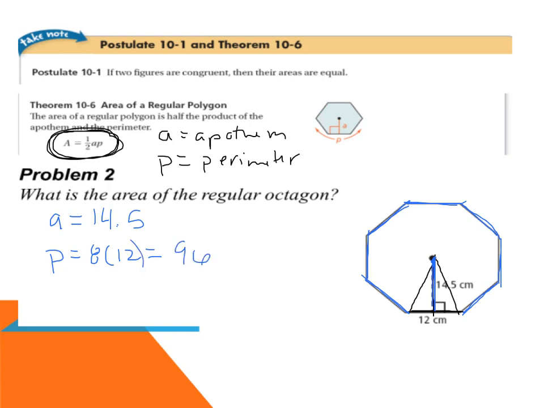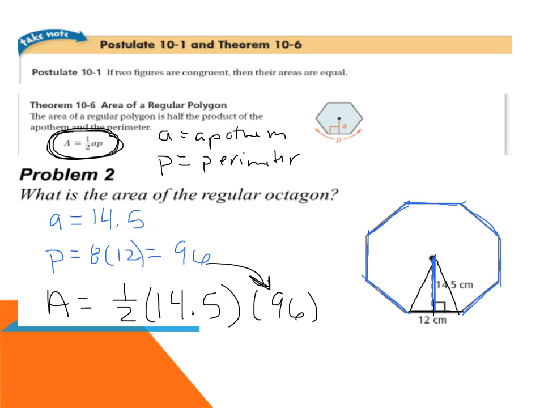So if I'm going to solve this, my area is equal to 1/2 times my apothem times my perimeter. Again, perimeter should always be the total length around the shape. And I will get 696, and my units are centimeters, and area is always squared.